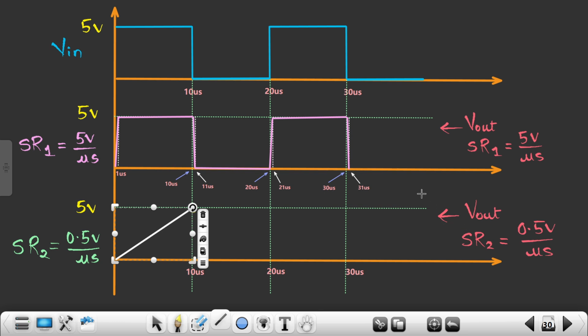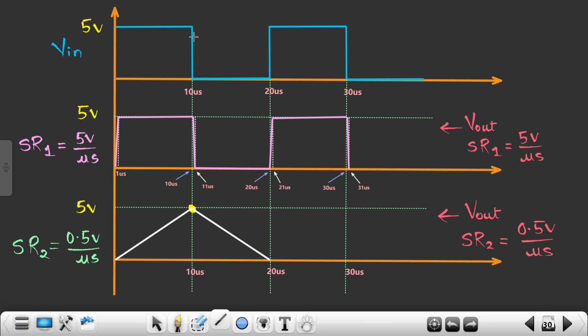Again, if you look over here, from 10 to 20 microsecond, this signal will be something like this. What is the reason behind that? Because this op-amp is responding very slowly, or its slew rate is very low. So the signal will fall at the rate of 0.5 volts per microsecond. Getting my point?